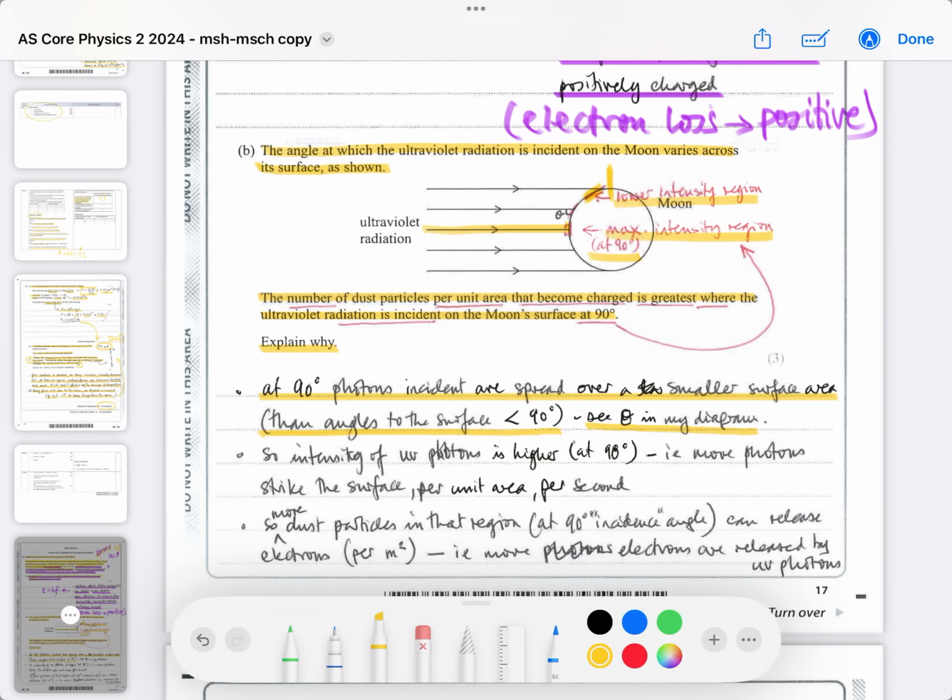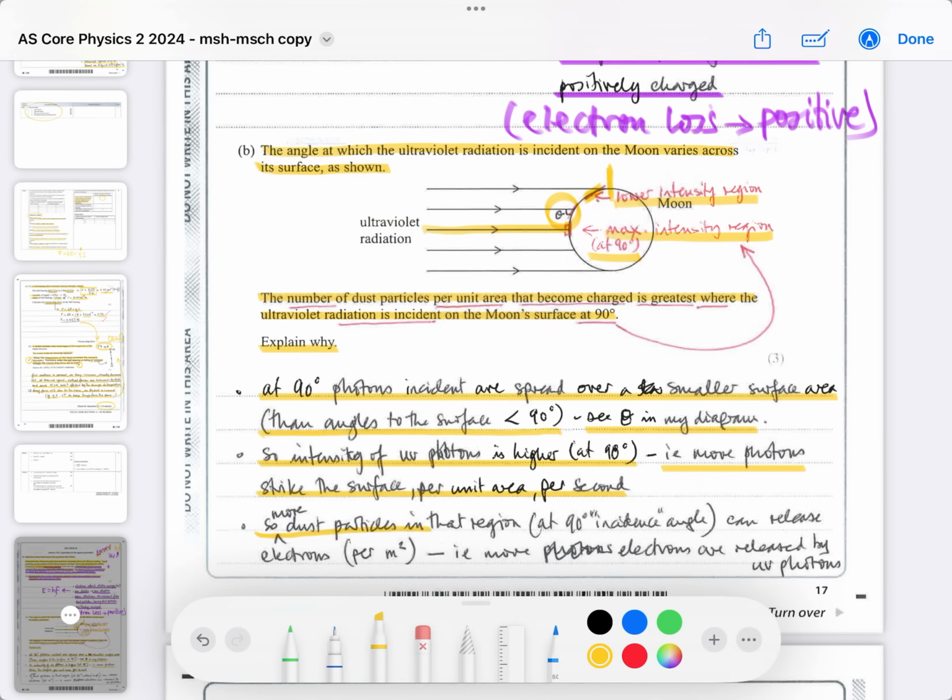Here I've drawn a little theta for you. So the intensity of the UV photons is higher at 90 degrees. What does that mean? It means per square centimeter or per square meter, more photons are hitting the surface per unit area, and per second also.